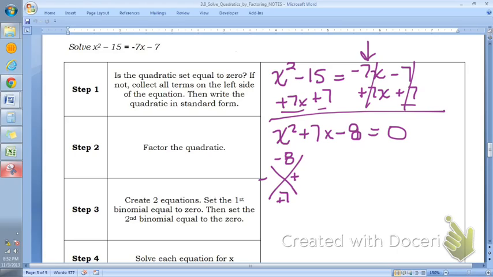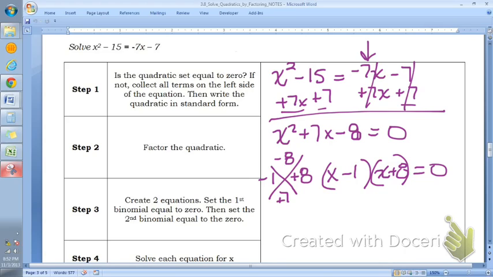So we have a negative and a positive. Factors of 8 that equal 7 are 1 and 8. 1 times 8 is 8, but 8 minus 1 is 7. So write this in factored form then. The expression would be x minus 1, x plus 8.